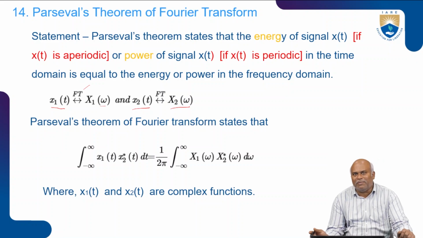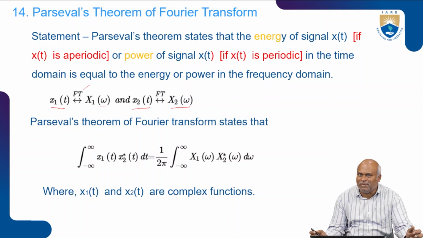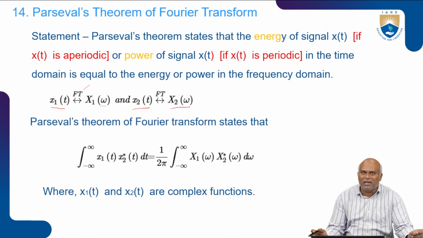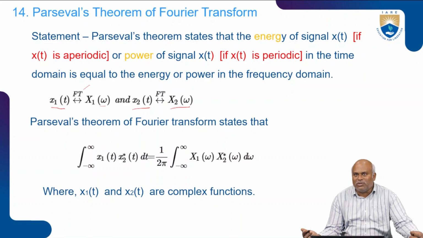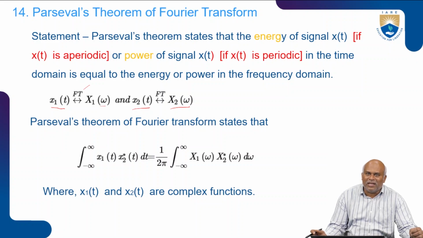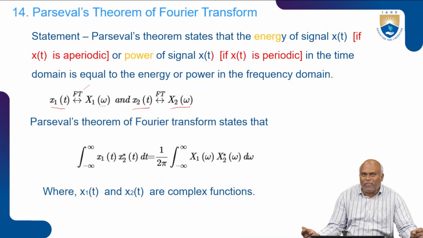As per the statement of Parseval's theorem, if we take two inputs in the time domain, periodic and non-periodic, then for a periodic signal the result is power in the frequency domain, and for an aperiodic signal the Fourier transform produces energy in the frequency domain.